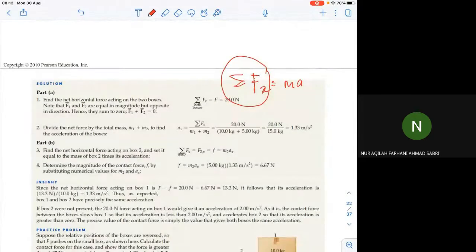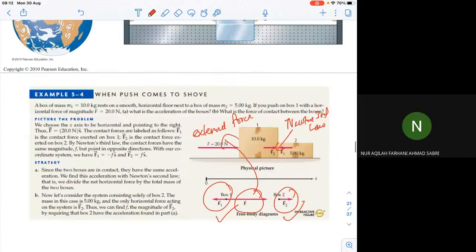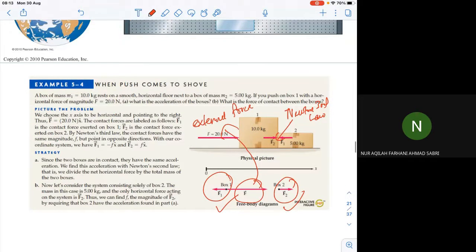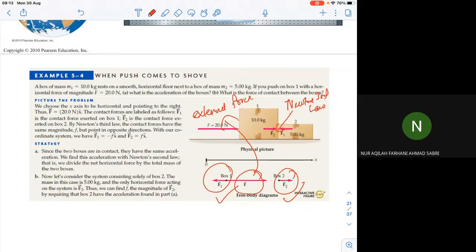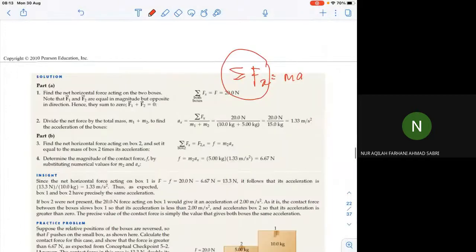So the net horizontal or external force is 20 Newton. That means F definitely equals 20 Newton, as already stated. And how about the mass involved?